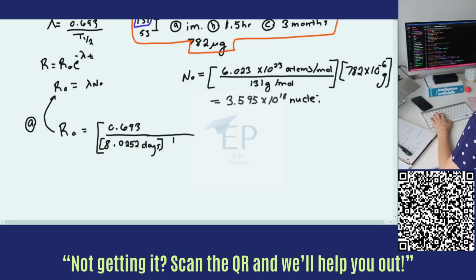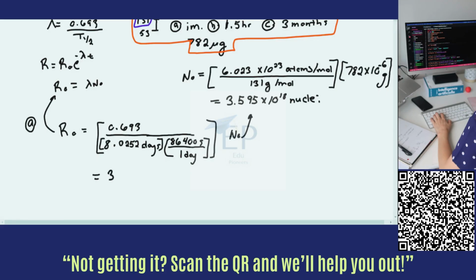We want these days to cancel. So we have 86400 seconds over 1 day. Okay. And then your N0 is this. Okay. And now you're just going to plug everything into your calculator.